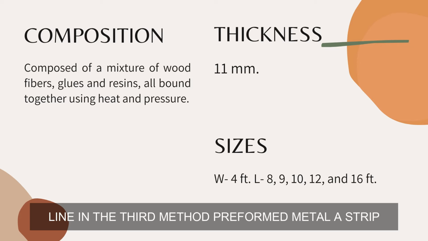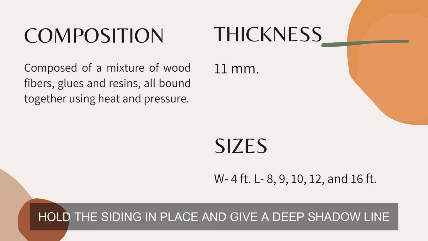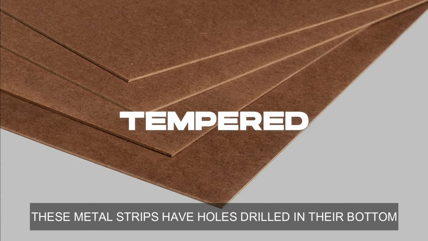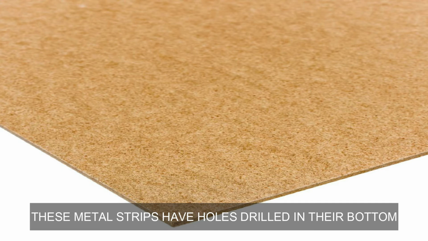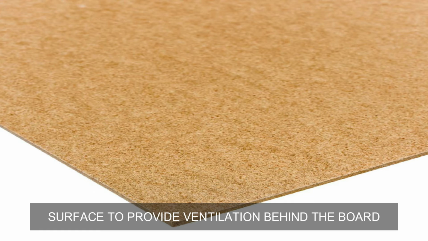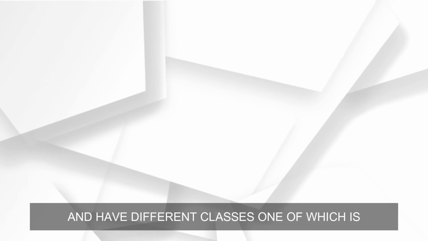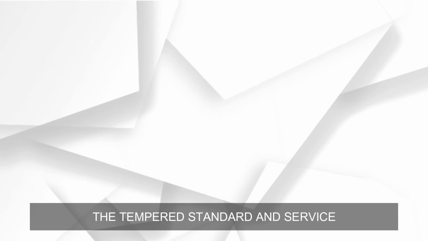In the third method, preformed metal strips hold the sidings in place and give deep shadow lines. These metal strips have holes drilled in their bottom surface to provide ventilation behind the board. These boards are usually 11 millimeters thick and have different classes, such as tempered, standard, and service.